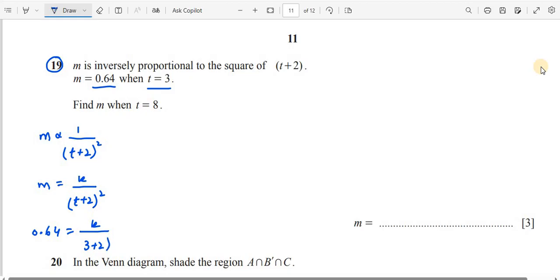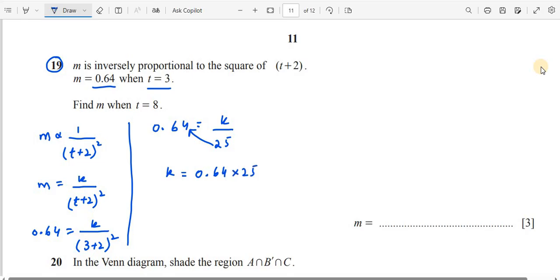So 0.64 is equal to k over 3 plus 2 squared, 5 squared is 25. So multiplying, k is equal to 0.64 times 25. Calculating these values, we get k is equal to 16.